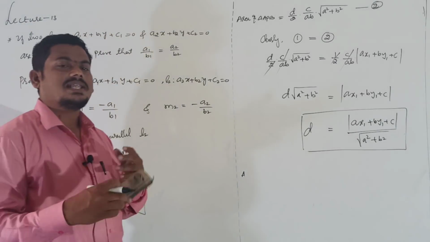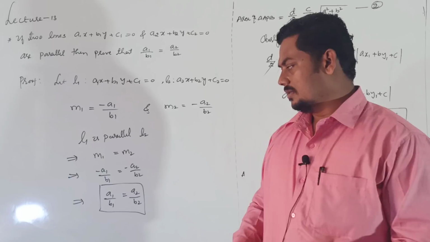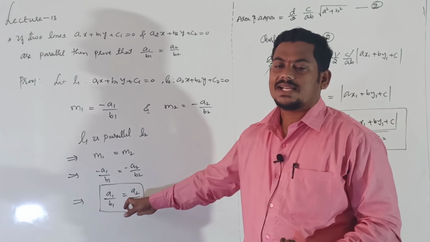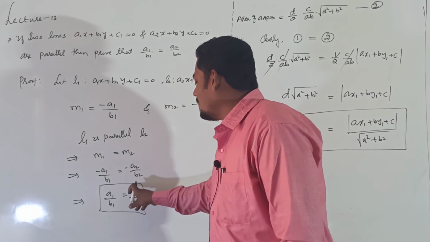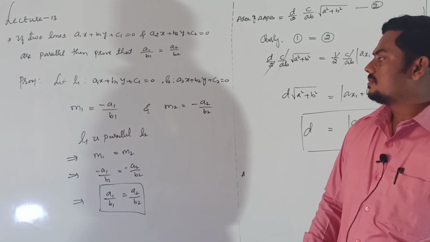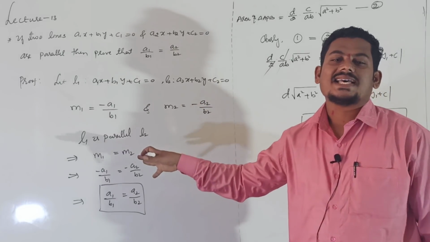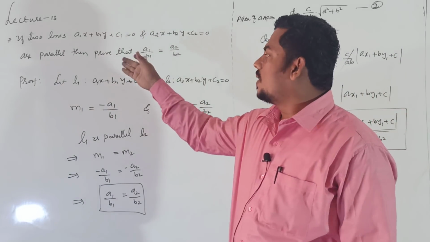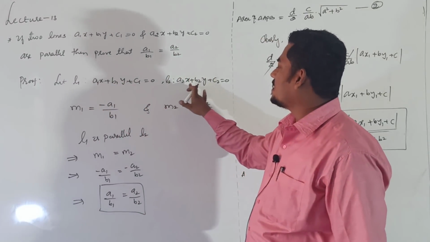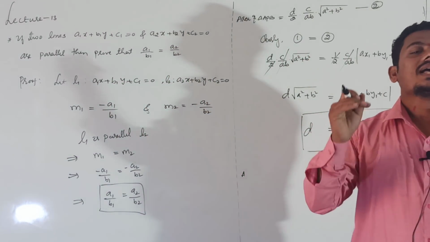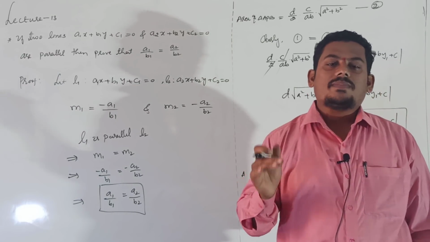If two lines are parallel, then their slopes are equal. By using the general equation of the straight line, one more condition is a1 divided by b1 is equal to a2 divided by b2. If these two lines, a1x plus b1y plus c1 equal to 0 and a2x plus b2y plus c2 equal to 0, are parallel, then the condition is a1 by b1 equal to a2 by b2.